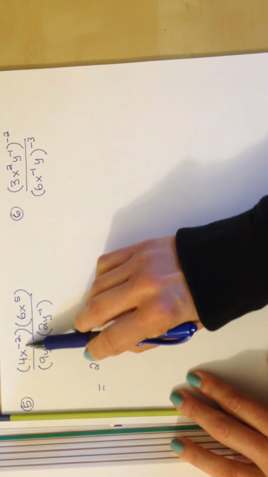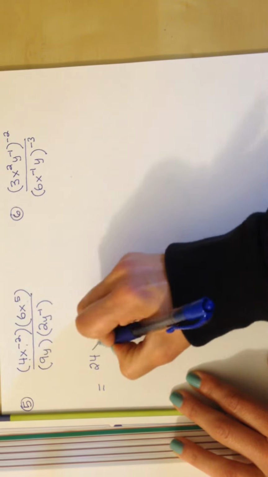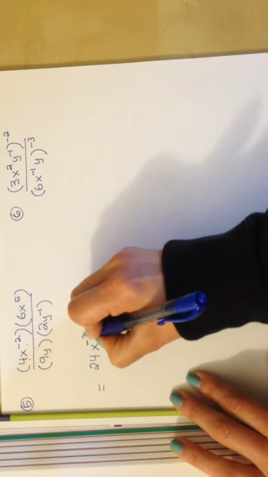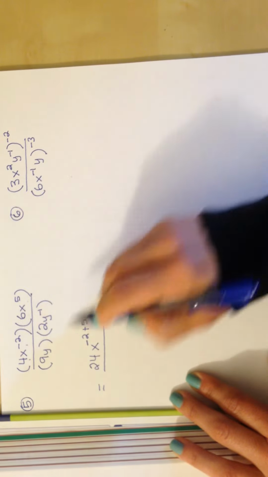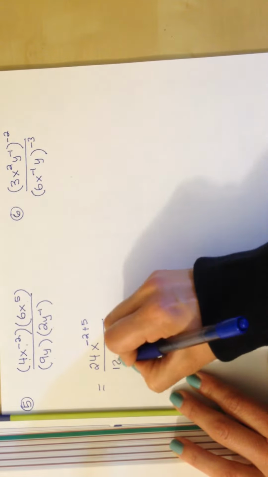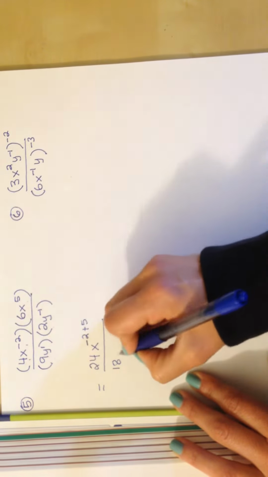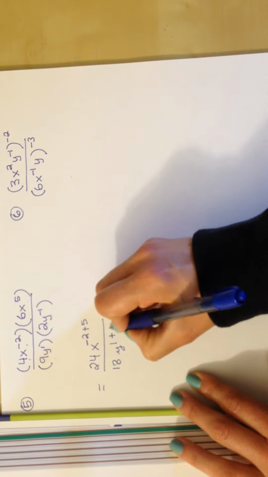And we have x to the negative 2, x to the 5th. Remember, you will add your exponents. What do I mean by that? I mean negative 2 plus 5. In the denominator, it's 9 times 2, which is 18. And then we have y to the first plus negative 1.